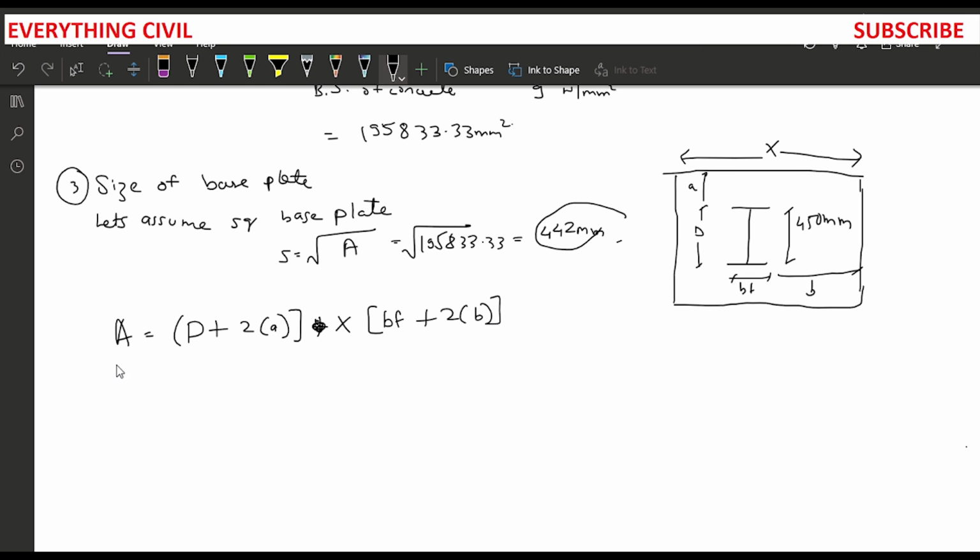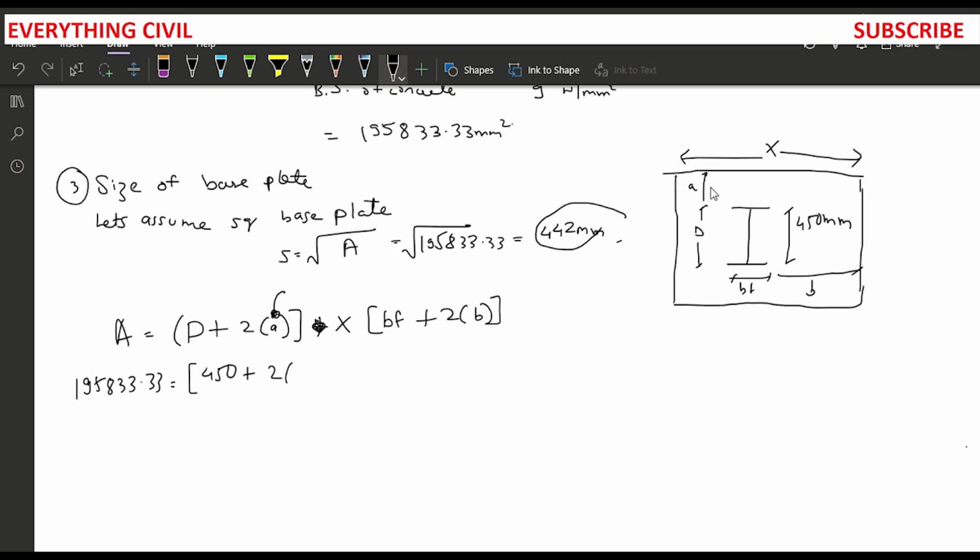Now just put the values here. 195,833.33 equals D, which will be 450 plus 2 times A. Now you have to assume this side. I have a constraint over here, so I have taken 450 mm as the minimum value.